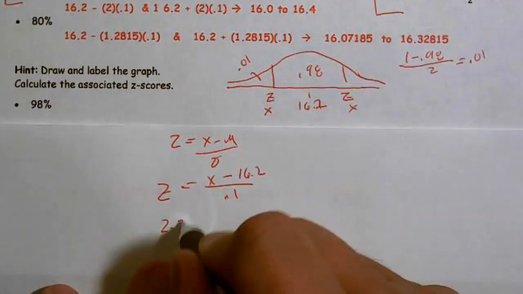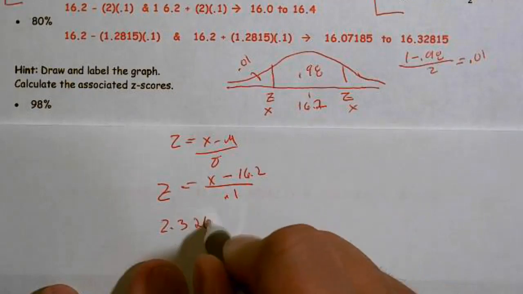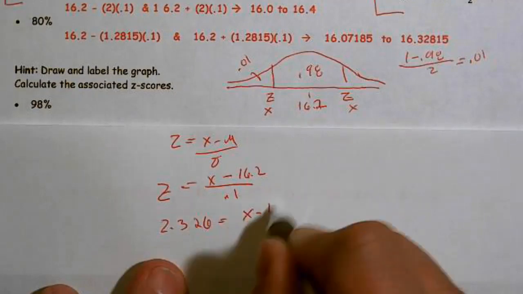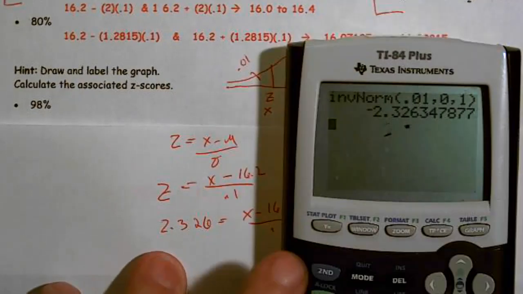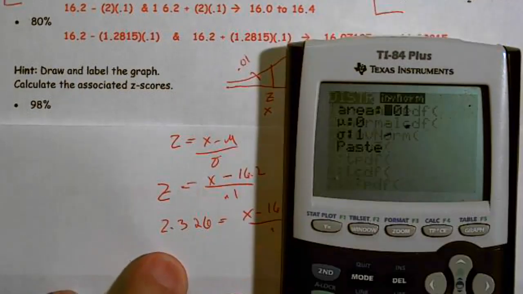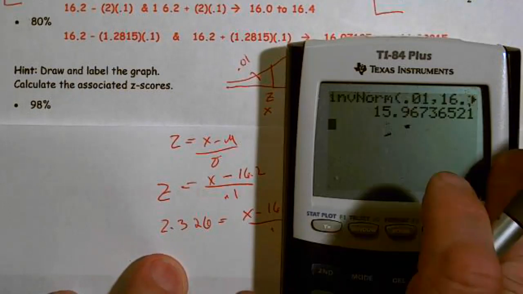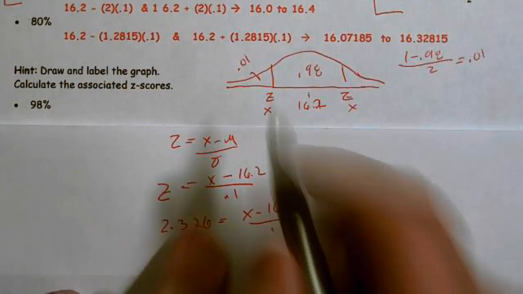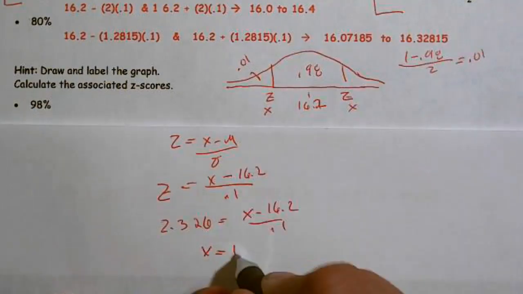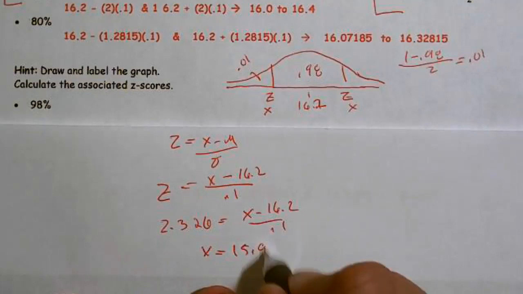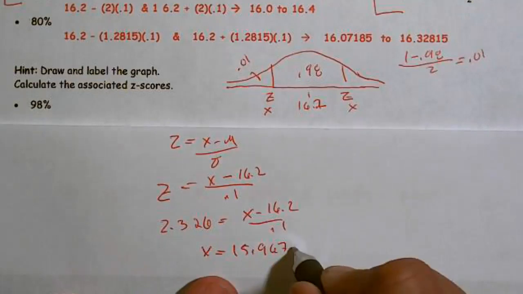So 2.326 equals x minus 16.2 over 0.1. Second vars, inverse norm, and mean of 16.2, standard deviation 0.1. And I get 15.967. So this value right here, this x equals 15.9673.